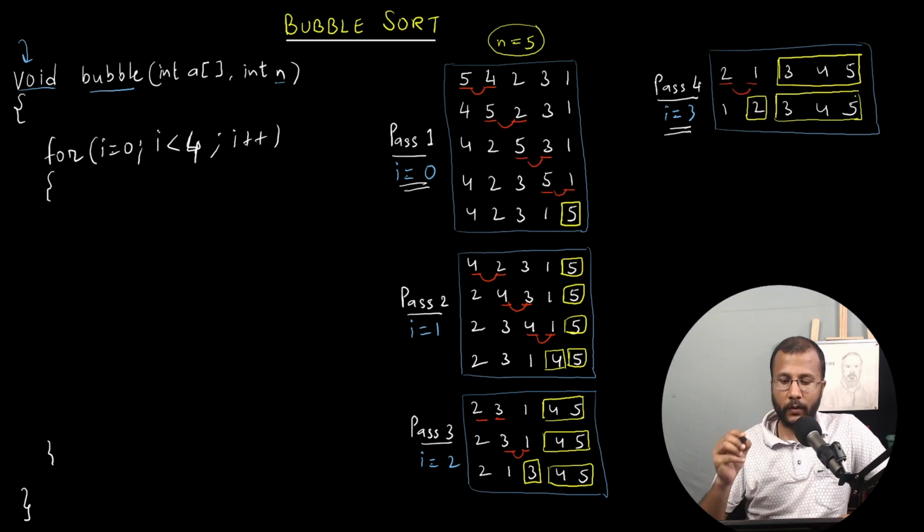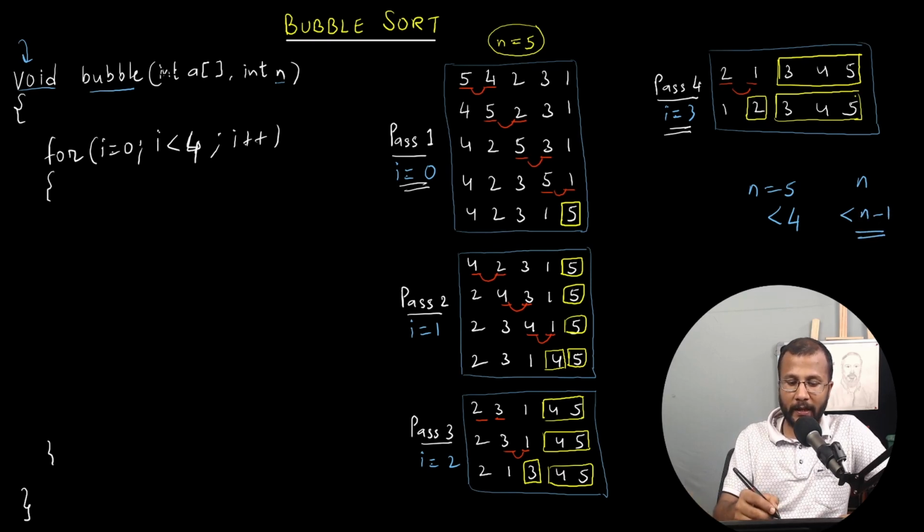Whenever the number of elements n equals 5, I am going up to less than 4. Let's make it generic. So if I have n, I'll have to go up to less than n minus 1 by the same logic. So this should be written as I less than n minus 1. This makes things more generic.